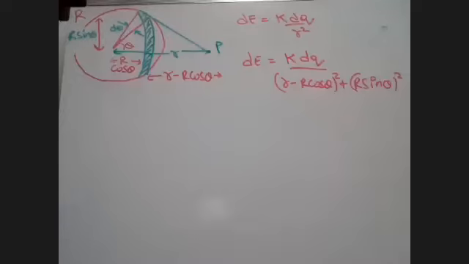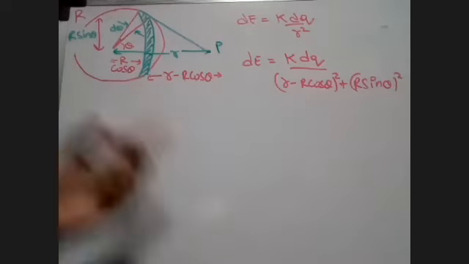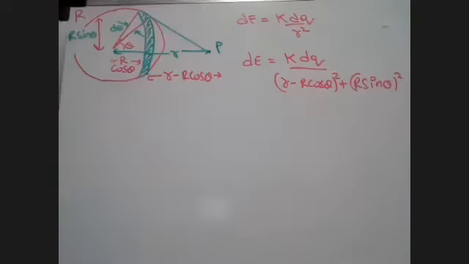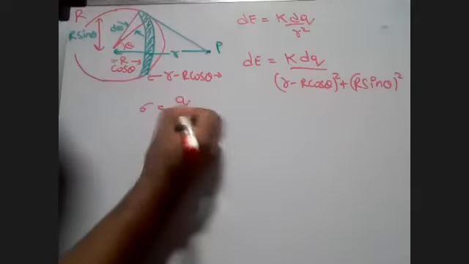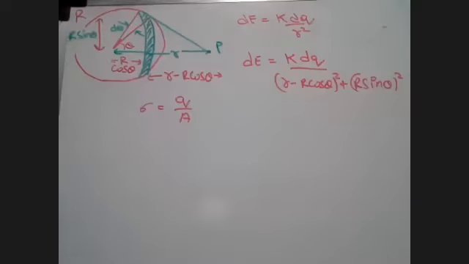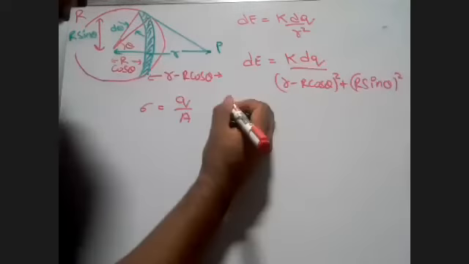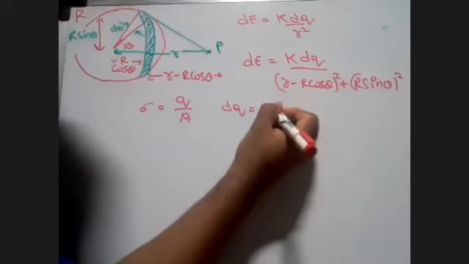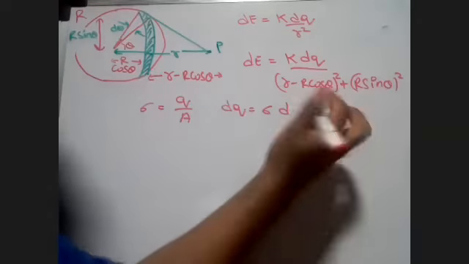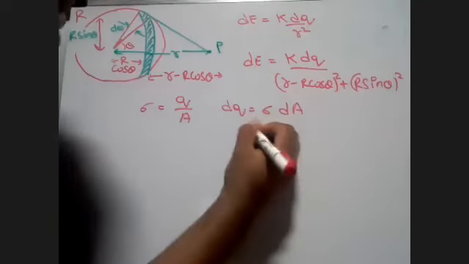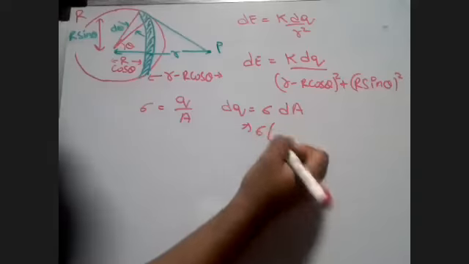dq is a small charge based on the element which we have taken, that is a ring. I can write it in terms of surface charge density. Surface charge density can be written as sigma is equal to charge per unit area. So dq is going to be sigma times dA, sigma into the area of the ring.